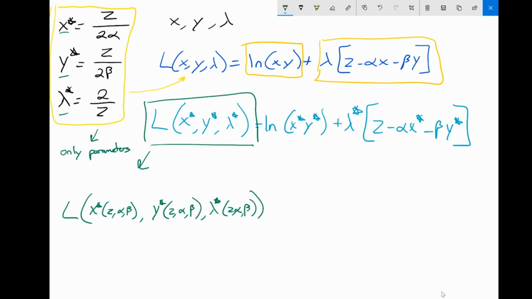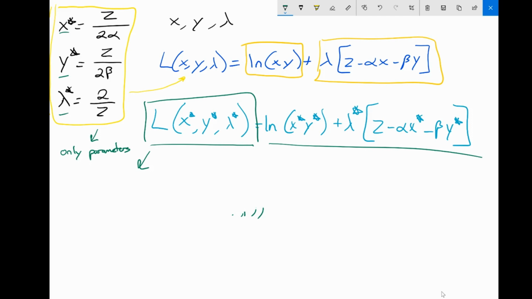That means I could plug x star in, y star in, and lambda star in. I could plug them into this equation, and it wouldn't have any x's, any y's, and any lambdas anymore. It would be entirely composed of parameters. Let me do that real quick. I'll show you what I'm talking about. All right, so I'm going to take this, and I'm going to plug x star, y star, and lambda star in.